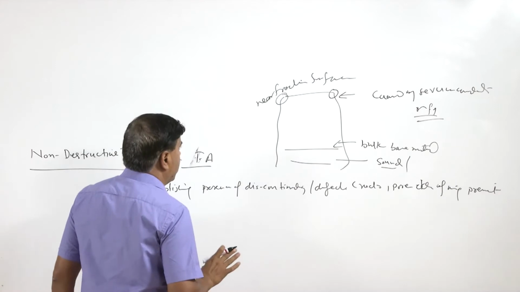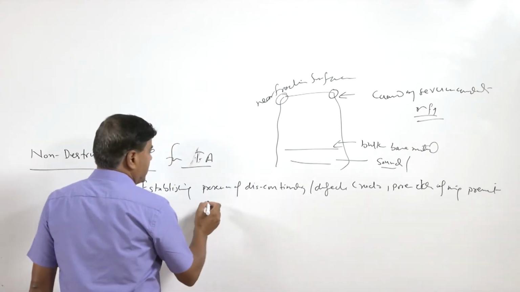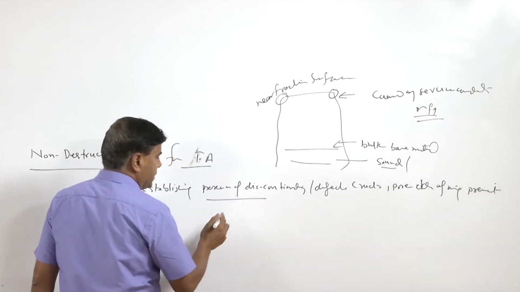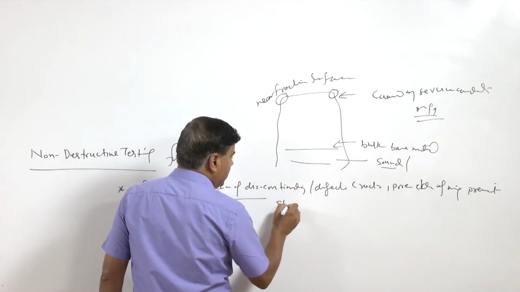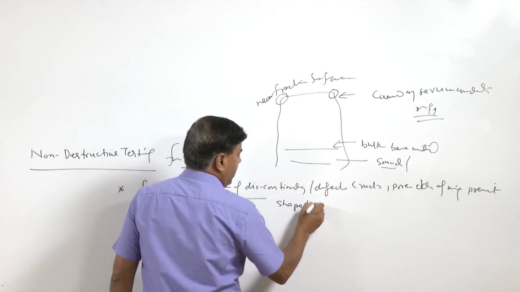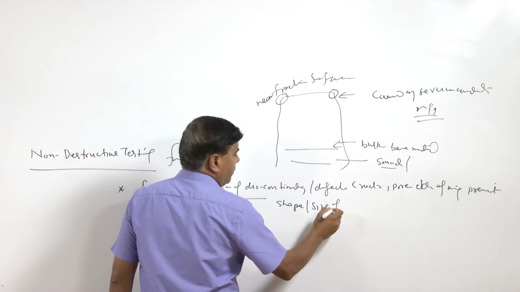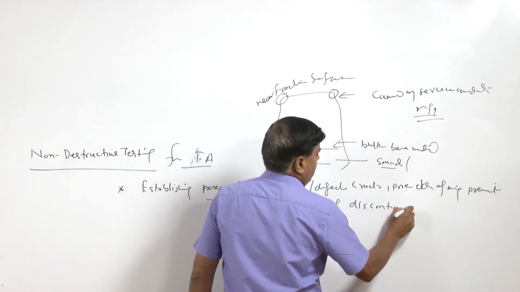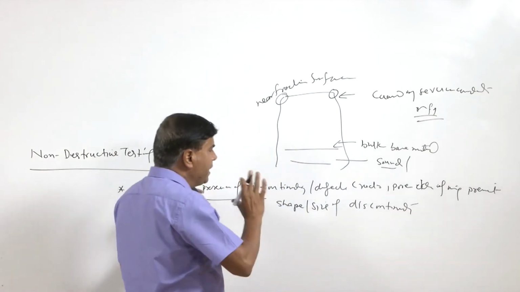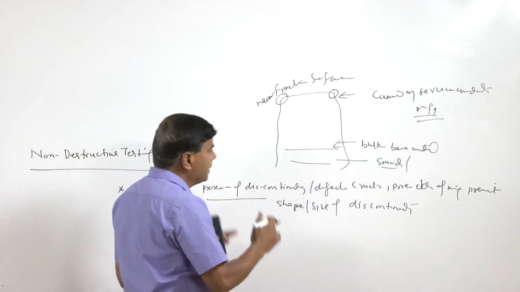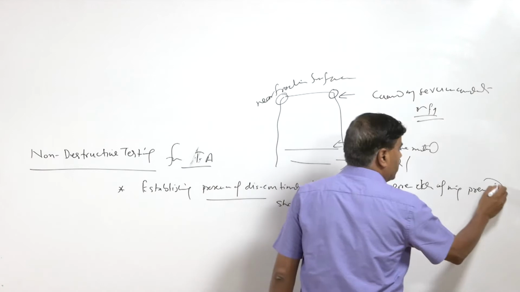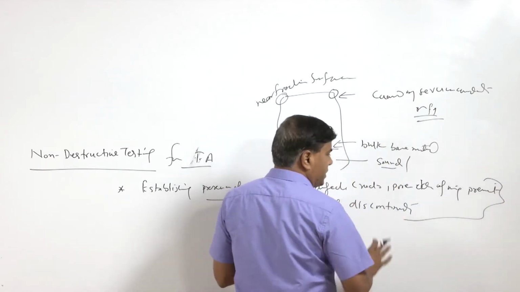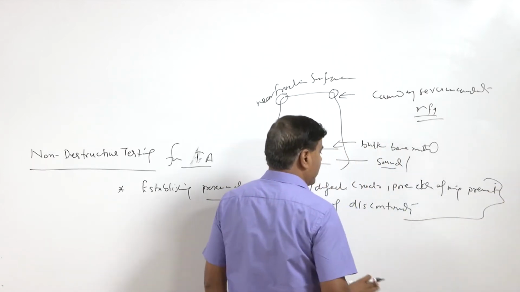Once these are identified, the establishment of these discontinuities is done with regard to their shape and size. The main aim is to relate the possible contribution of these discontinuities to the failure or fracture.